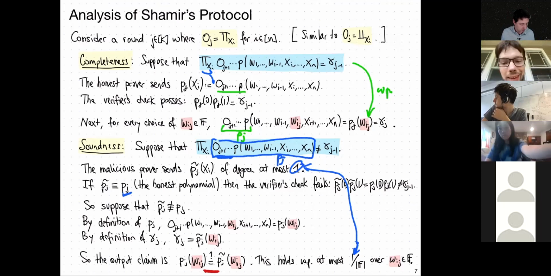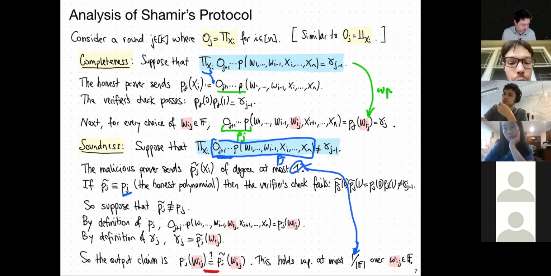Sorry, I'm basically repeating my question once again. So how do we know? You have this claim that if pj tilde is equal to pj, the honest polynomial, then the verifier's check fails, right? To this to hold, we must be sure that gamma j minus 1, which the verifier has, equals the honest gamma j, which is the honest polynomial computed at a point. Not quite. We are starting from the hypothesis that the input claim is false.